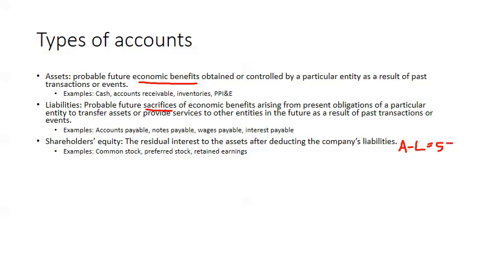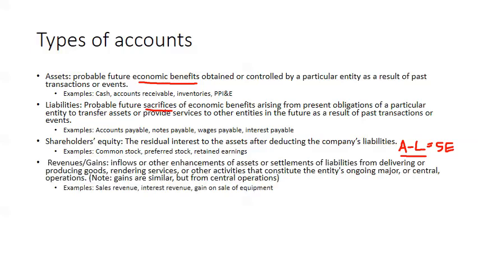I just subtracted the liabilities from both sides. And so after we deduct our liabilities, it's the assets left over. Sometimes they call that net assets. So what goes under that category of accounts? Common stock, preferred stock, retained earnings, paid-in capital, that kind of stuff.